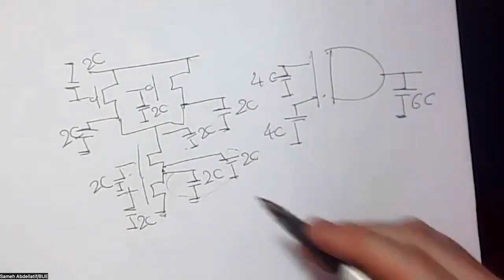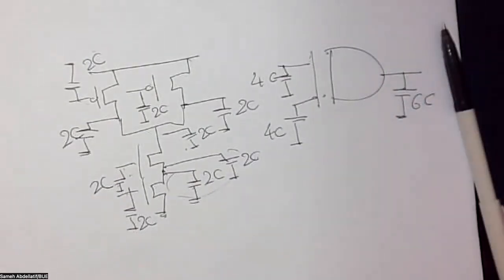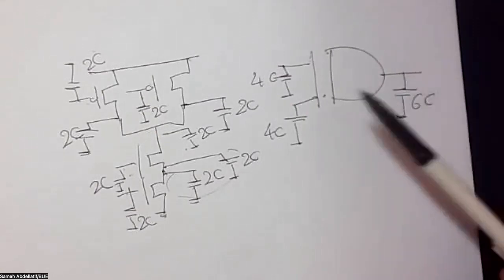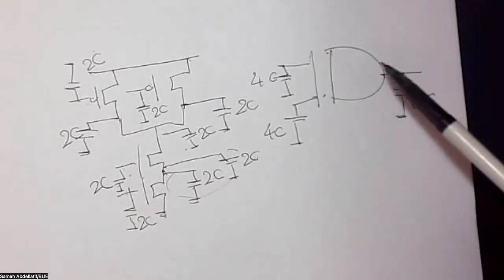So as you can see here, we can describe the input and output capacitance model for any logic gate using this approach, so that you can estimate the input capacitance of the terminal and the output capacitance as well on the output terminal.